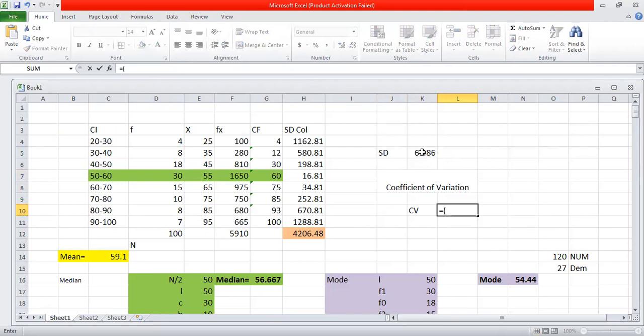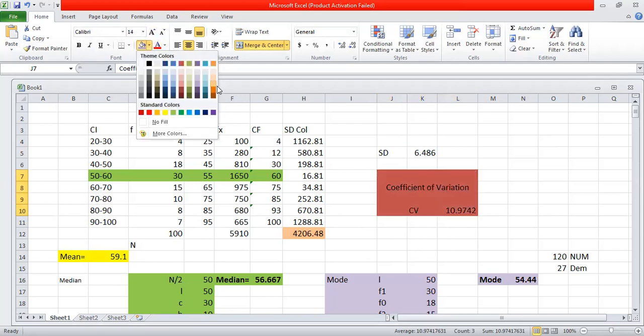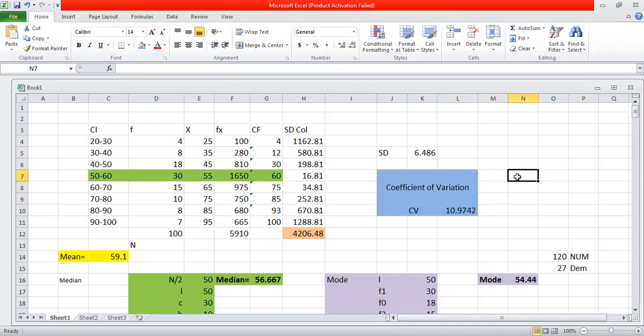Sigma divided by x bar, the mean value, into 100 will give you the coefficient of variation value. I forgot to do this one.